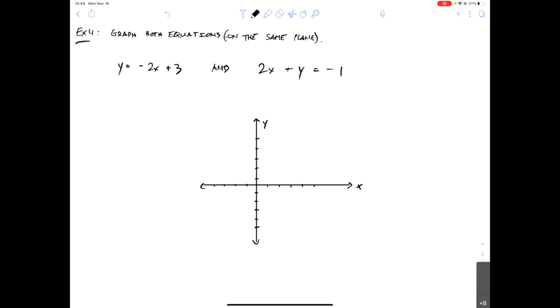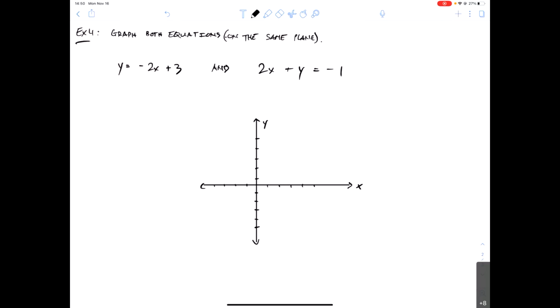So what do you do, right? Well, you do a lot, or very little, depending on your preferred method of graphing. But I'm going to put them in slope-intercept form, as per usual, and then we can adjust the graphs together.